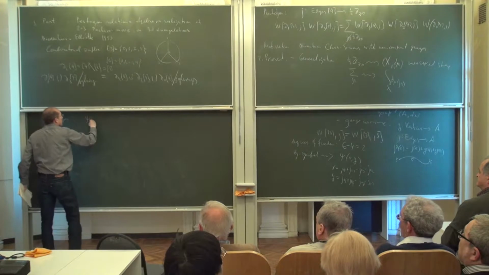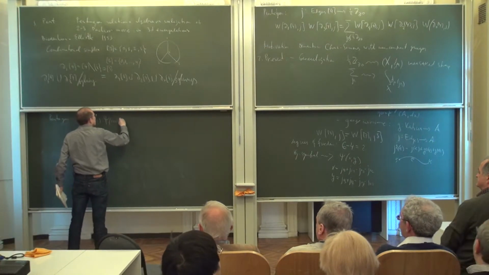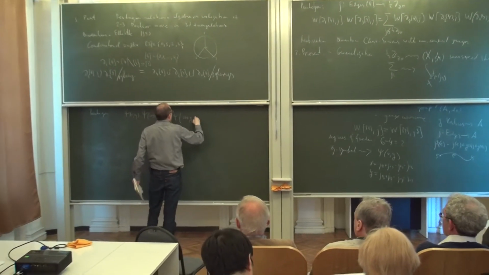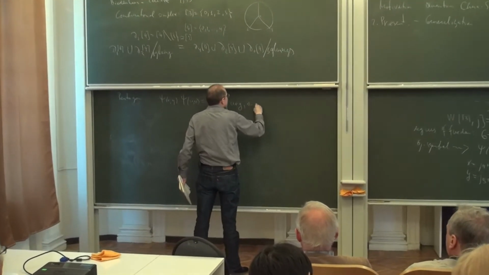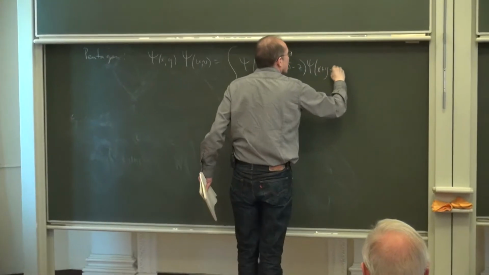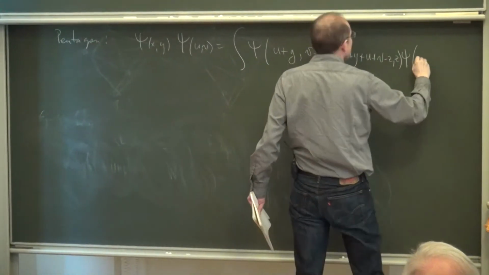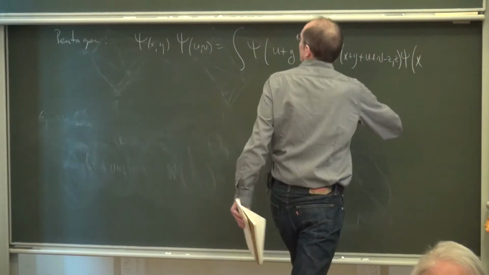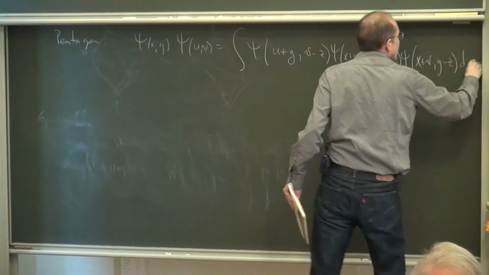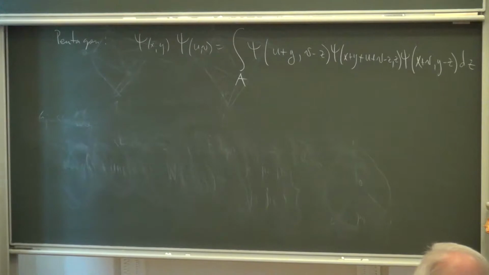Pentagon will be psi of x y, psi of u v equals the integral of psi of u plus y comma v minus z, psi of x plus y plus u plus v minus z comma z, psi of x plus v, y minus z, dz. Integration over our group.